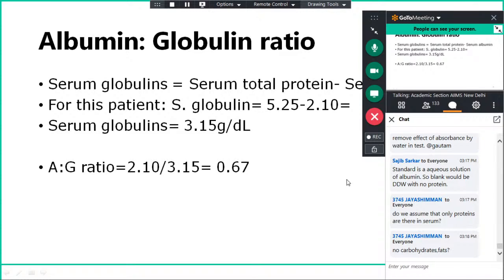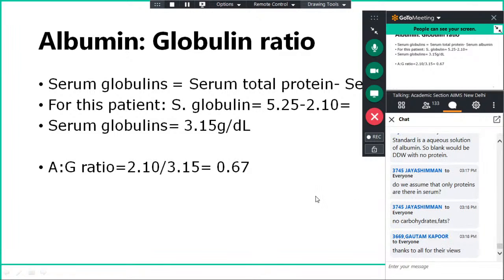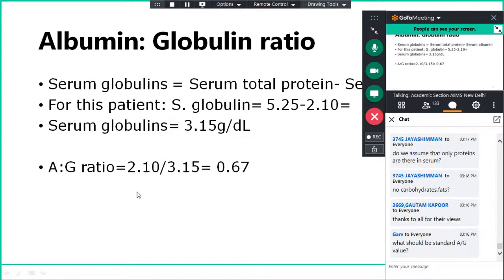Since the mass of gamma globulin is very high as compared to albumin, it won't be able to move much, as compared to albumin, which is smaller and will move more toward the positive end. Is it clear?